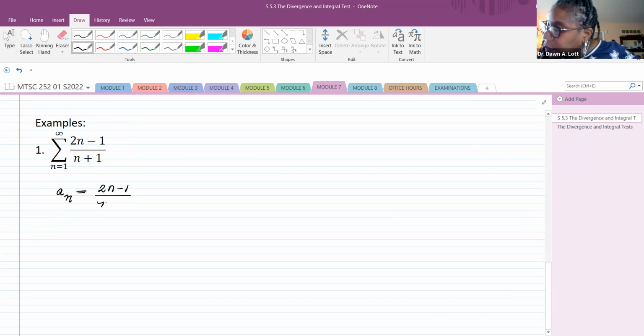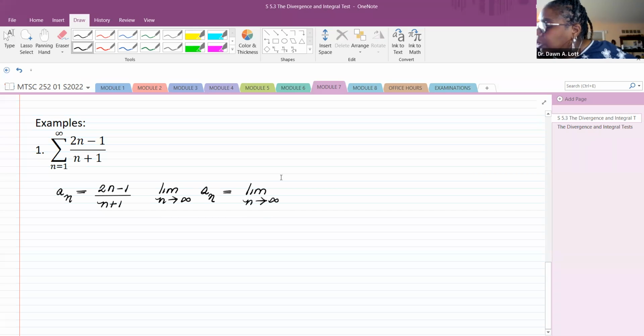So what is the limit as n approaches infinity of AN? It is the limit as n approaches infinity of 2n minus 1 divided by n plus 1.